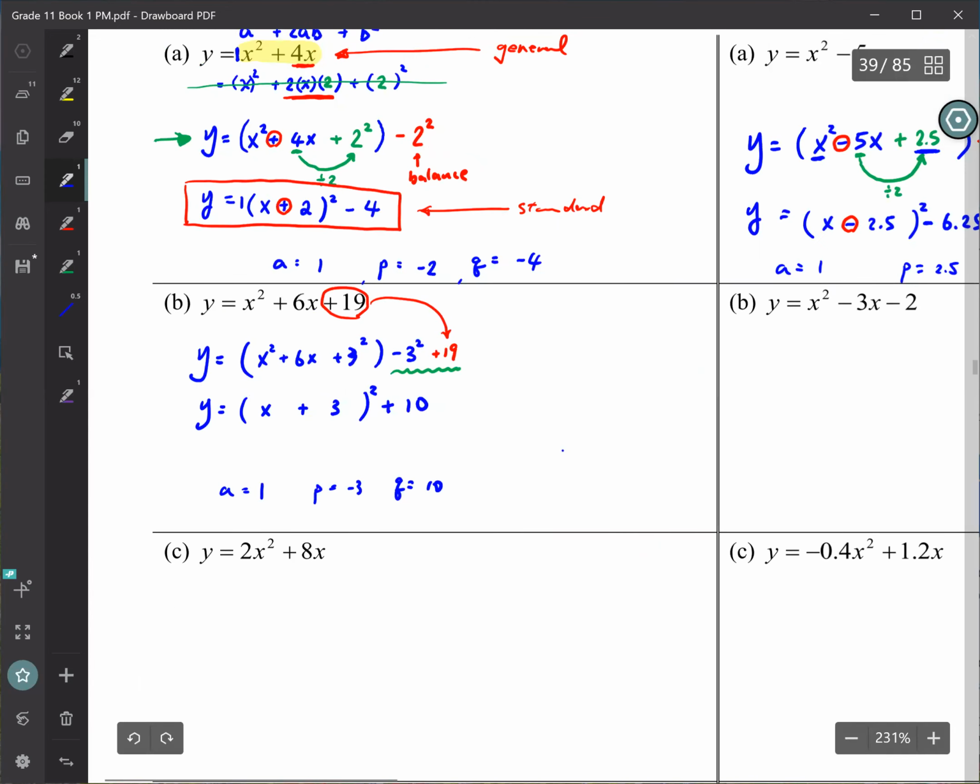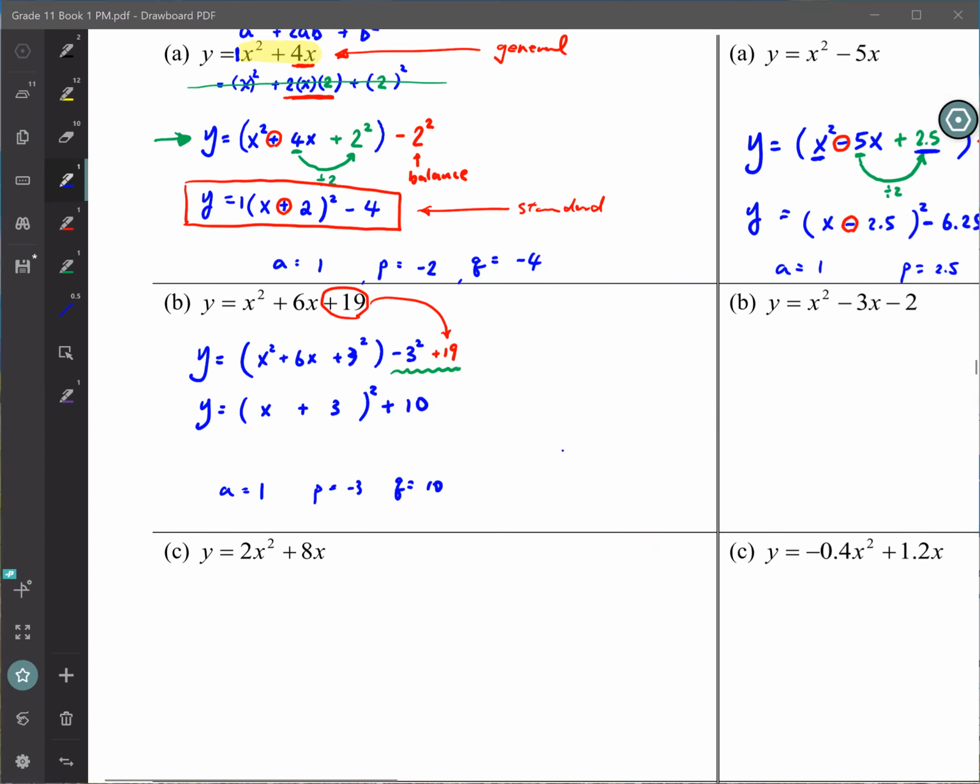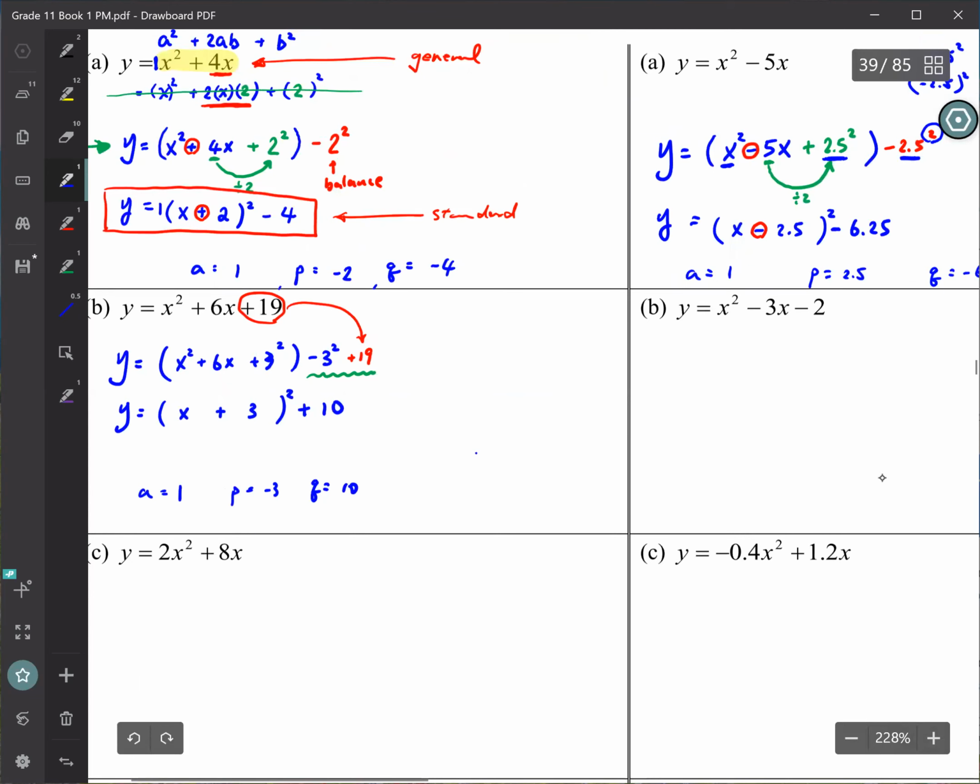Okay, so same thing. Please do question B on your own now, okay? So there's a -2 extra, right? So do that, put that at the very end. So when you get the APQ standard form, you can raise your hand.